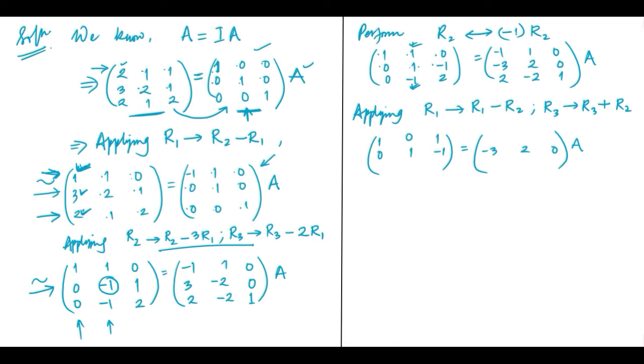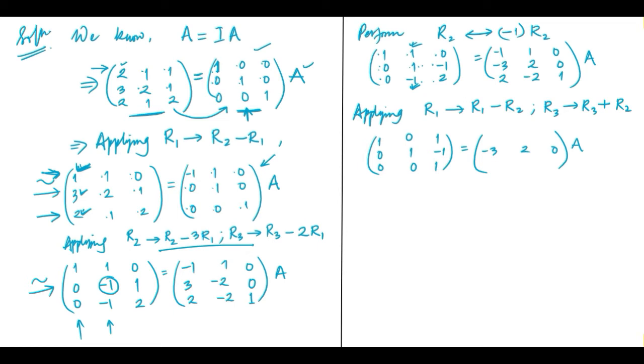So R3 is R3 plus R2: 0 plus 0 0, minus 1 plus 1 0, 2 plus minus 1 is 2 minus 1, which is 1.